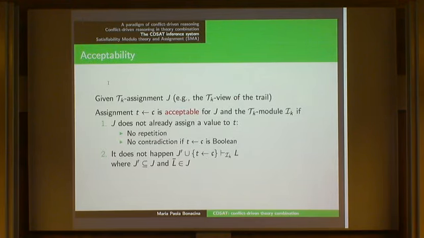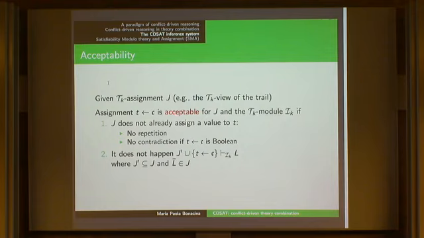Now, here comes acceptability, which is precisely the property that completes plausibility to take into account also first-order assignments. So given an assignment for theory TK, which for example could be the TK view of the trail, an assignment that gives the value C to T. We use these Gothic letters to represent the new constants introduced by the extensions, that are the values that we actually assign.